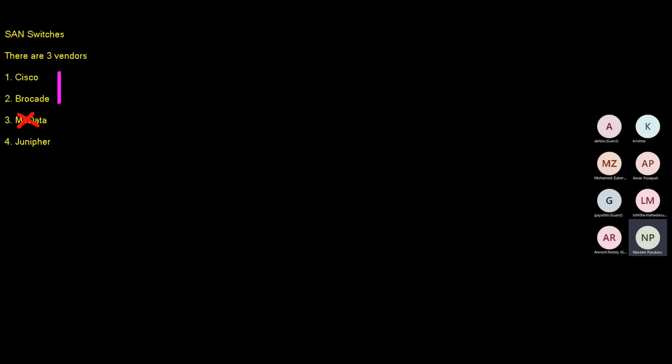Just like most of the people will use EMC and NetApp when it comes to storage, the same way when it comes to SAN switches, most organizations, I can say 99%, will use either Cisco or Brocade, because they are the market leaders in SAN switch manufacturing.